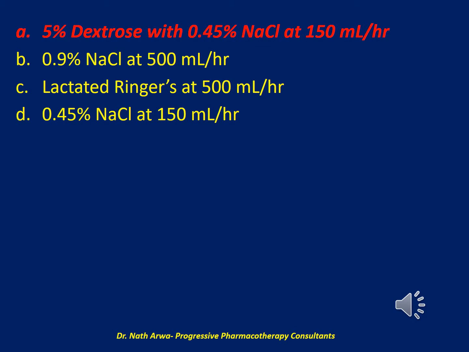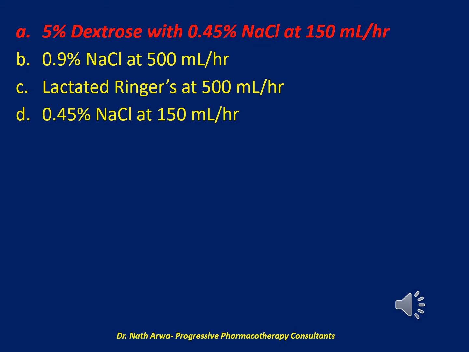Therefore, it is inappropriate to change the IV fluid to 0.45% sodium chloride solution at 150 ml per hour for this patient whose blood glucose is 225 mg per deciliter.